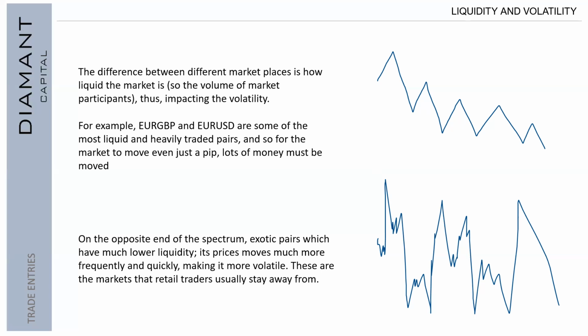But on the opposite side, you've got some exotic pairs like USD South African Rand. That pair moves a lot more frequently. You're going to get maybe 800 pip moves in a week or so. Crazy, crazy moves. And the reason for that is the amount of money that it takes to shift Euro USD even one pip is so much more than USD ZAR, simply because there's not enough market cap in a way.